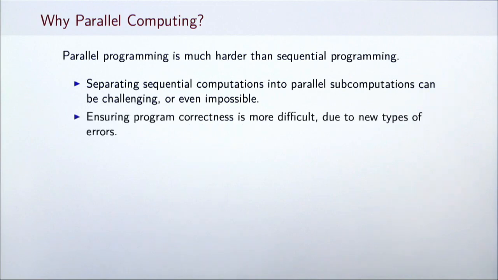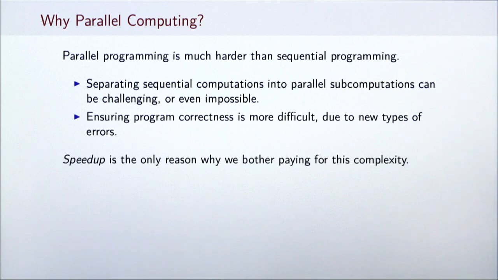The second source of difficulty is ensuring correctness. We will see that many new types of errors can arise in parallel programming, making the programmer's life harder. With these increased complexities, why then would we bother writing parallel programs at all?